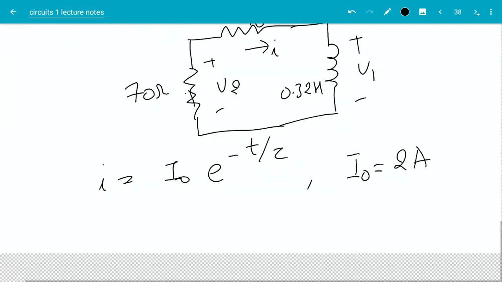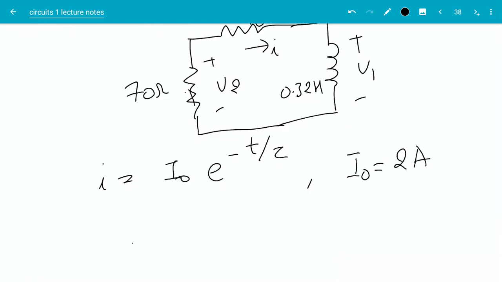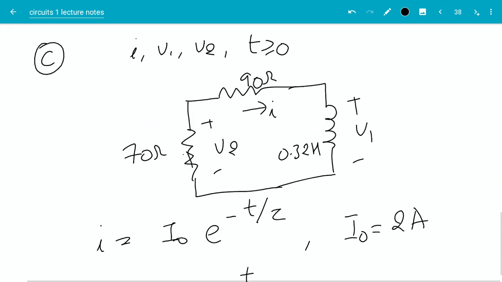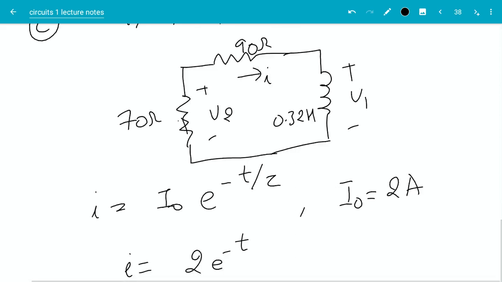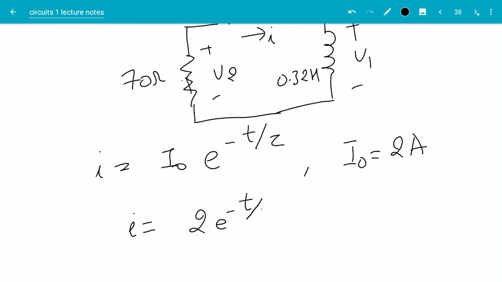So for I, we have 2 times e to the minus t over 2 milliseconds. This should be equal to 2 times e to the minus 1000 over 2, so 500t.